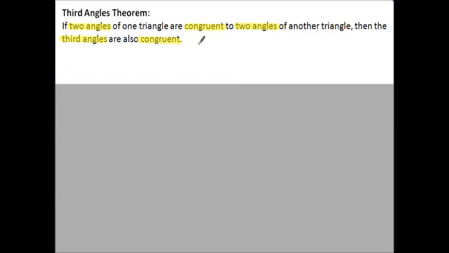Let's use a sketch to make this theorem a little clearer. I'm going to draw these two triangles that are supposed to be congruent. If we know that these two angles are congruent and these two angles are congruent, then we also now know that these two angles also have to be congruent.